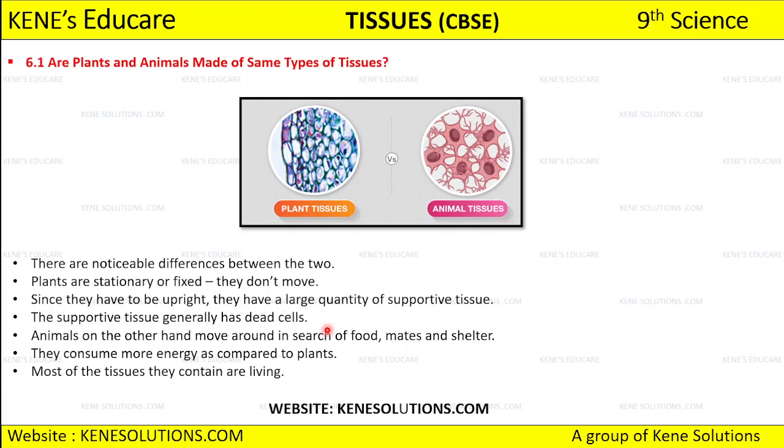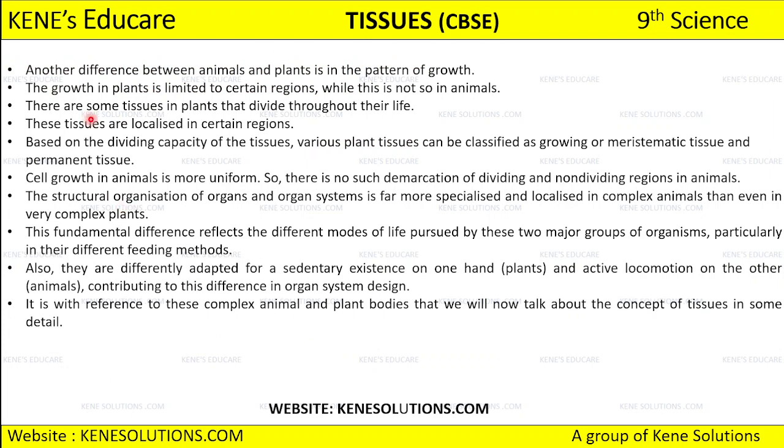Okay, and most of the tissues these animals have are living. What are they? They will be living. Okay. See another difference. One difference we saw is that plants stay stationary, they are always fixed at one position, but animals are moving, they are locomoting, so they need more energy. This is one of the differences that we saw.